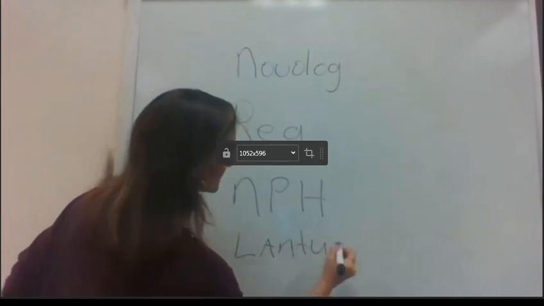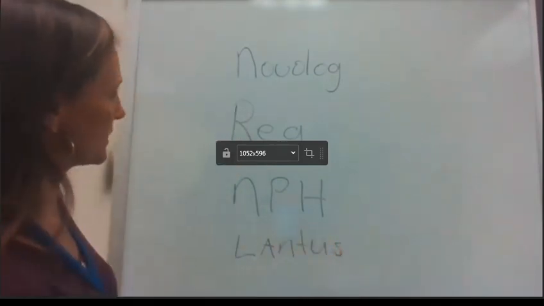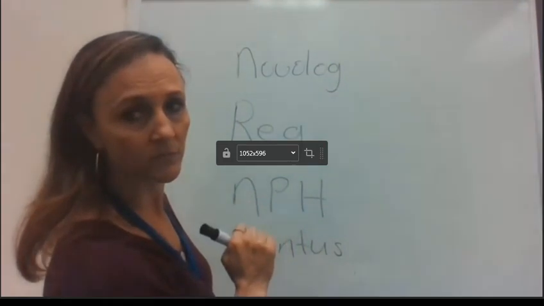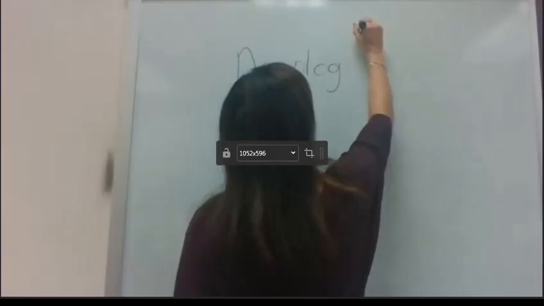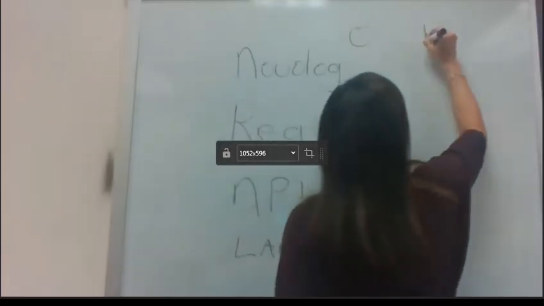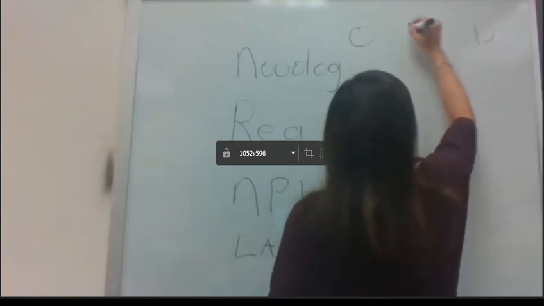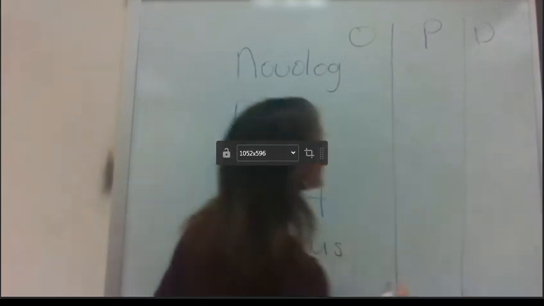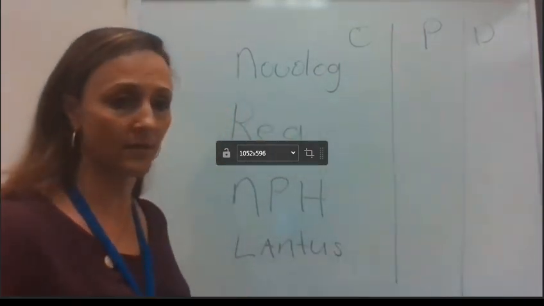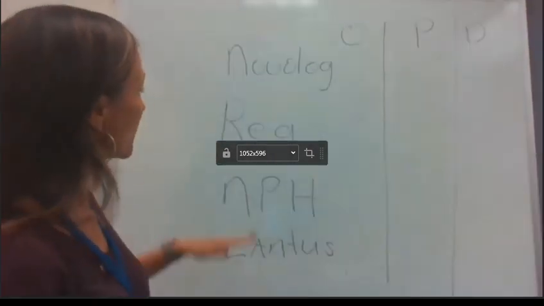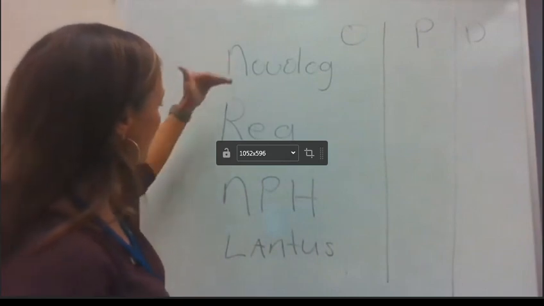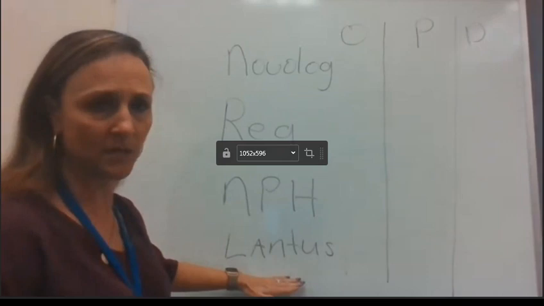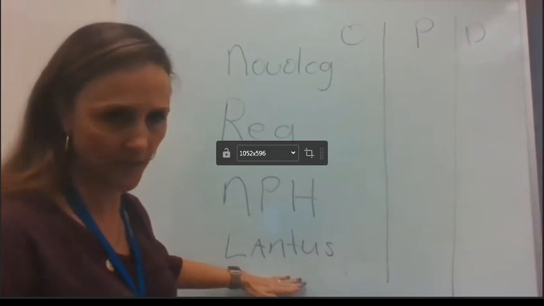Can y'all see the Lantus down there? Okay, sorry about that. I'm going to try my hardest to make sure y'all can see all that. If you cannot see it, somebody just let me know. So we need to go over the Novolog, the regular, the NPH, and the Lantus. Levemir is pretty similar, and I'll tell you the slightest difference with that.